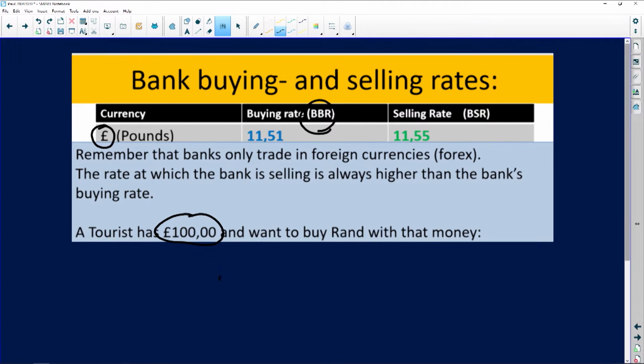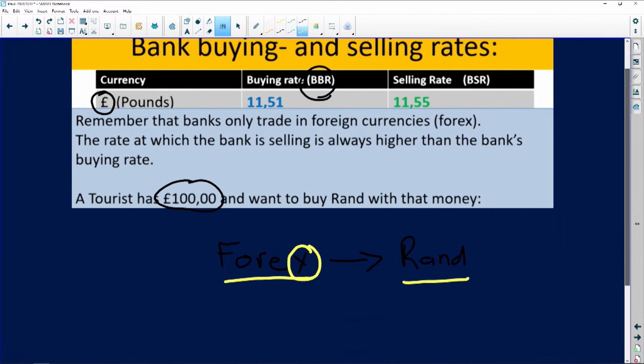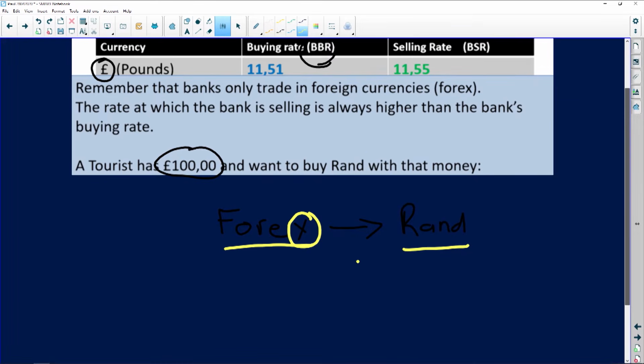Pounds is the Forex, so we write down Forex, and we want to convert that Forex to Rand. To convert Forex to Rand, you have to look at the last letter of the first word. So we know we're going to multiply.